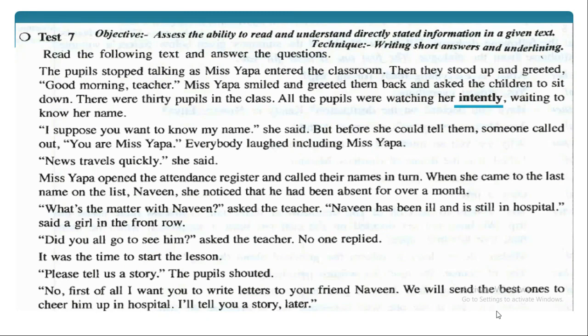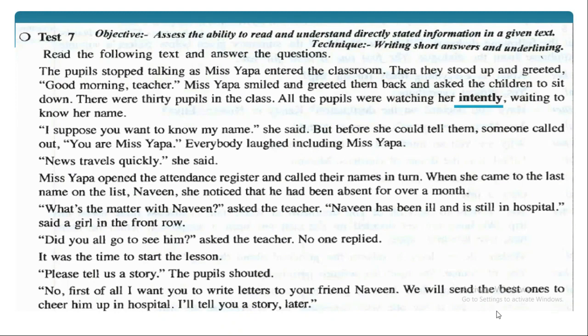Miss Yapa opened the attendance register and called their names in turn. When she came to the last name on the list, Naveen, she noticed that he had been absent for over a month. "What is the matter with Naveen?" asked the teacher. "Naveen has been ill and is still in hospital," said the girl in the front row.